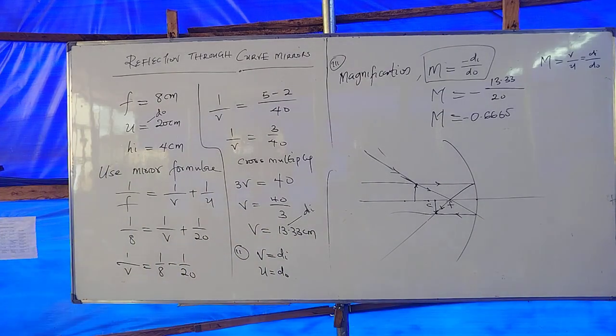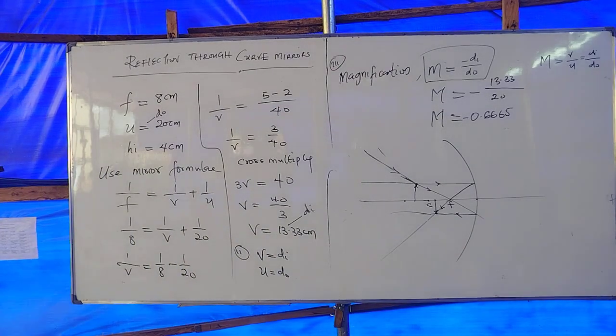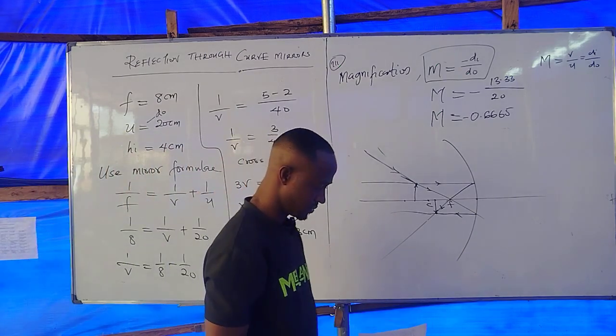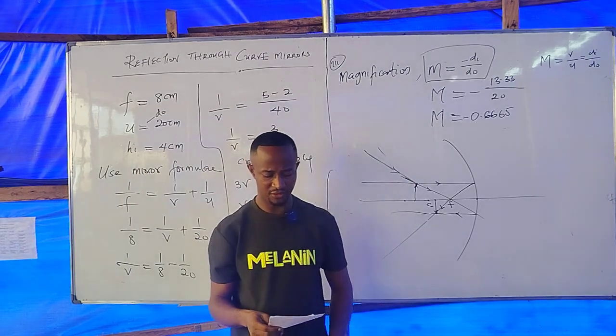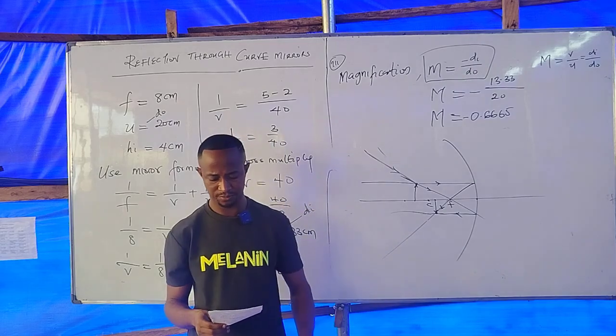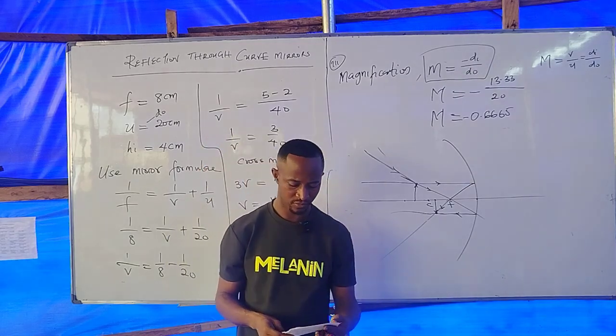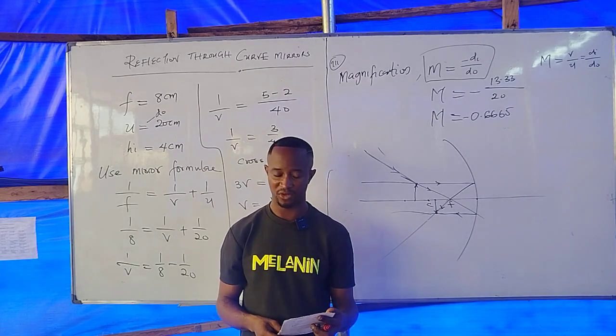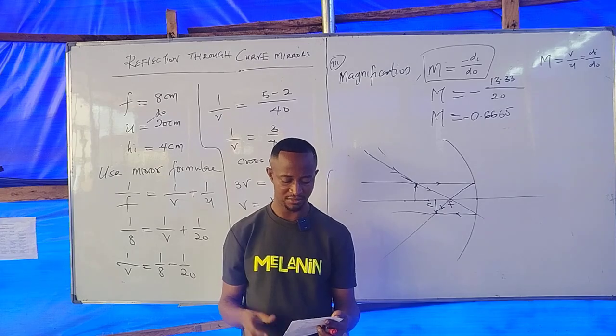Next question. Are you ready? A tree stands 1 meter from a concave mirror with a radius of curvature 20 centimeter.